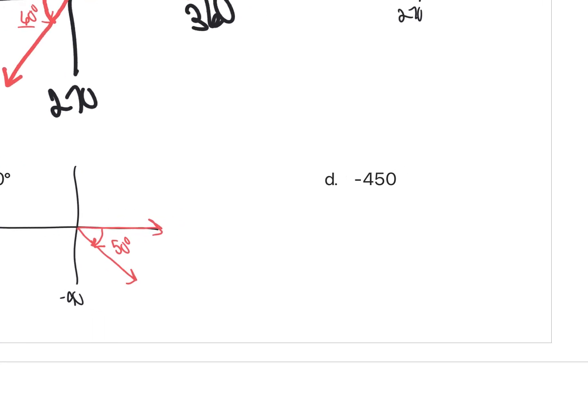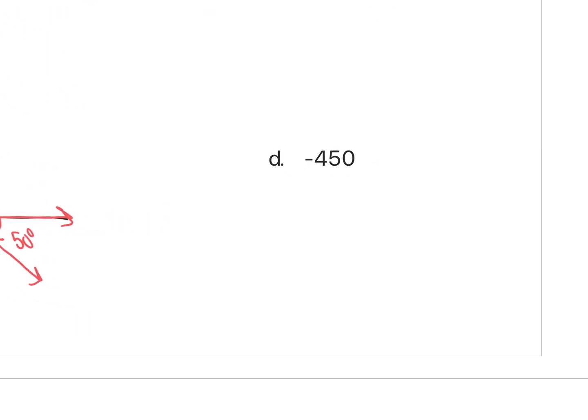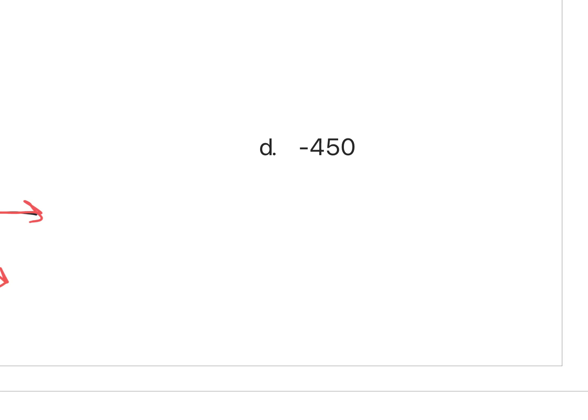Okay, the next one, this is a big angle, right? Now we're talking way bigger than just one time around, because one time around is 360. We are talking negative, which means we are going clockwise. Okay, so again, I always start here on my positive x-axis, same idea. Here I go. Here I've gone 90, here I've gone 180, here I've gone 270, here I've gone 360.